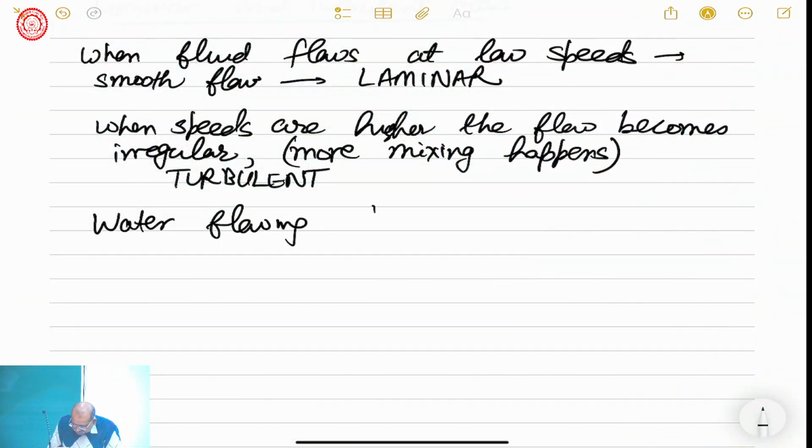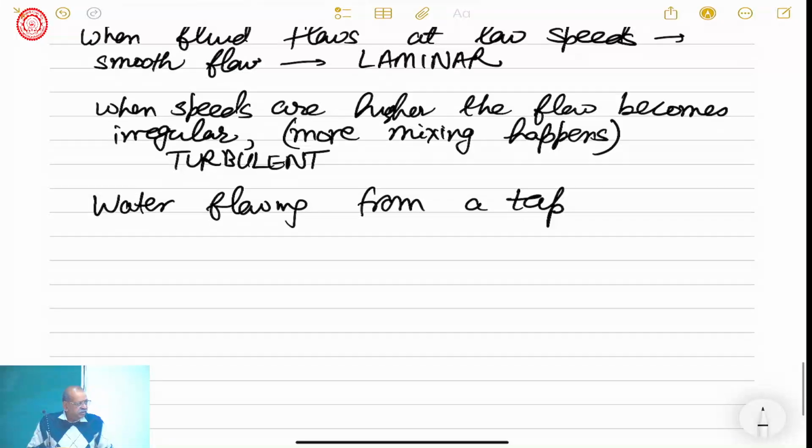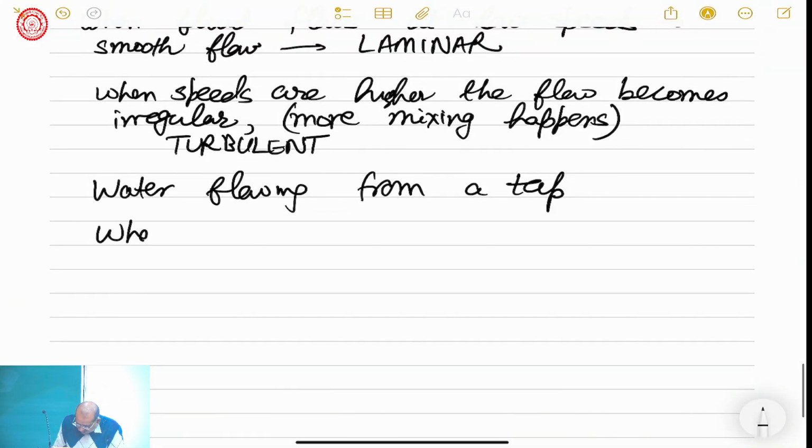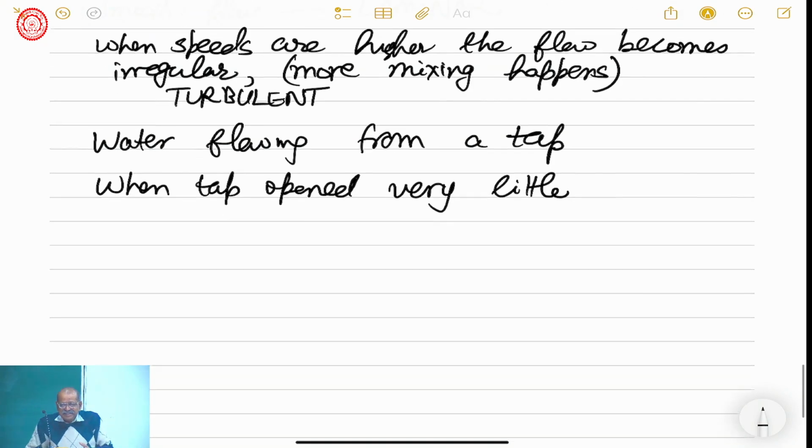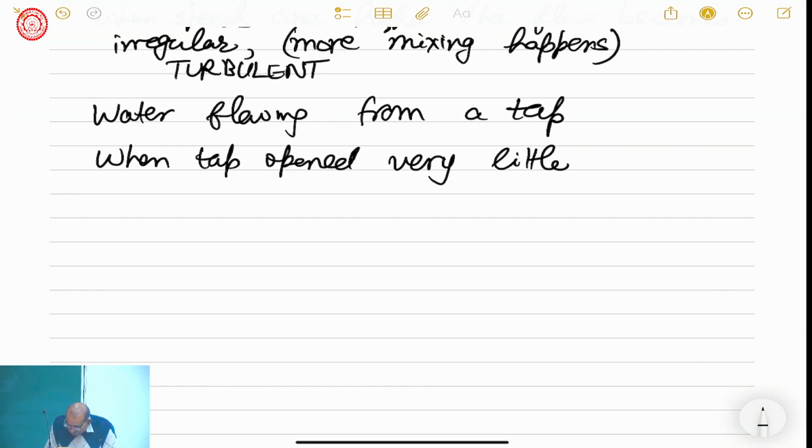So when tap opened very little, again very wrong English. Maybe ChatGPT can tell me something better. When water tap is opened very little, we see a laminar flow.